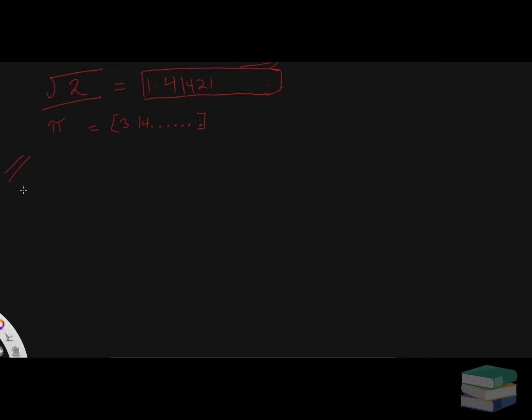Okay, so now how these numbers relate to each other. So if you recall, there were natural numbers denoted by N. There were whole numbers denoted by W. There were integers denoted by Z. There were rational numbers denoted by Q, and also there were irrational numbers.